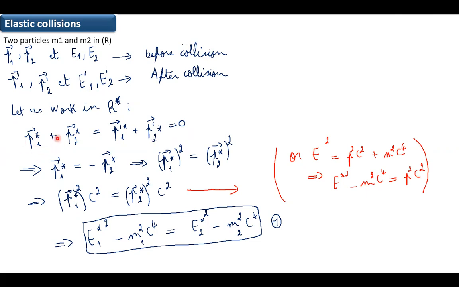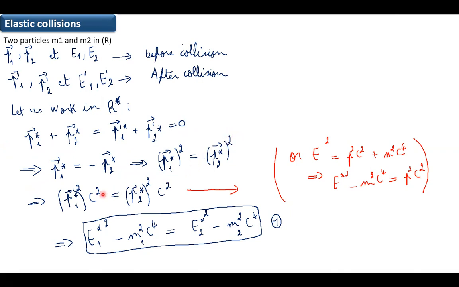So P1 star plus P2 star is equal to P prime 1 star plus P prime 2 star, which is always equal to 0 in R star. If you take the first one, P1 star plus P2 star equals 0, so P1 star is equal to minus P2 star. So P1 star squared is equal to P2 star squared.